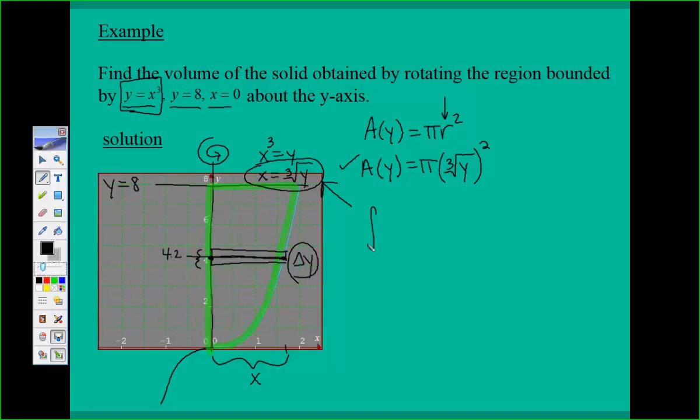Now our integral is going to be going from, if we drew in all of the rectangles and did our Riemann sum, we would be starting at 0 here, and we'd be going all the way up here, and the last rectangle would be up here at y equals 8. So we're going from y equals 0 to y equals 8.